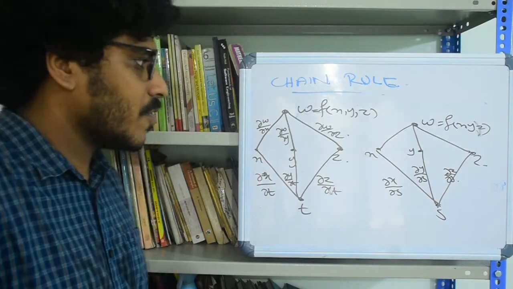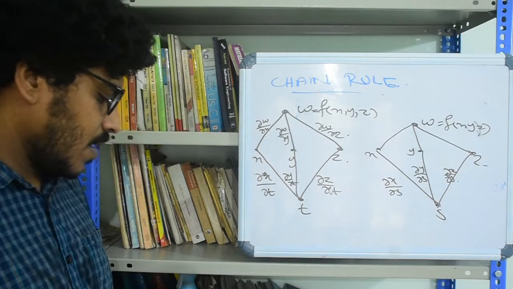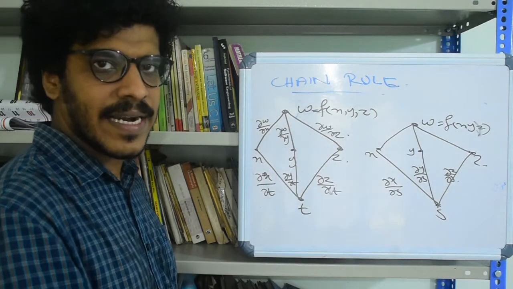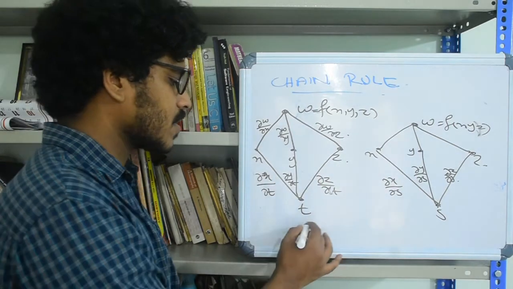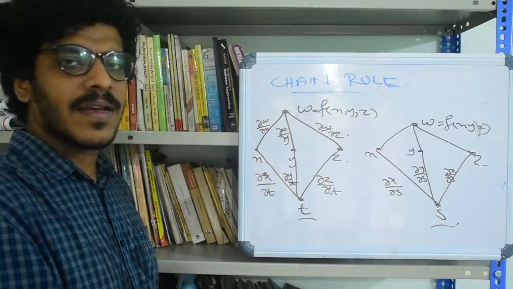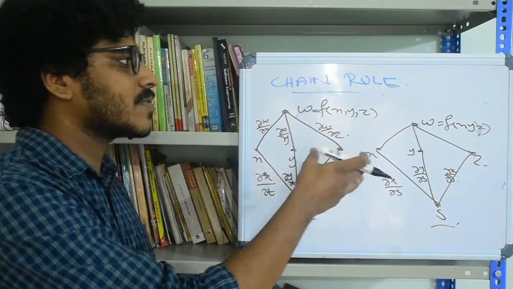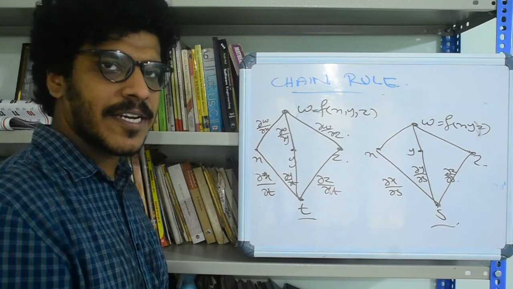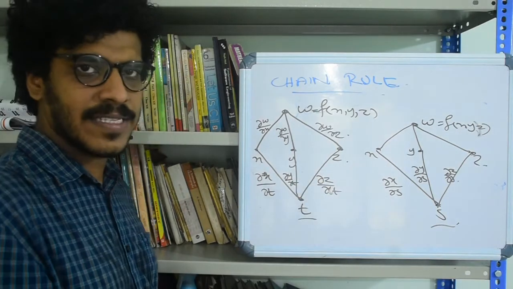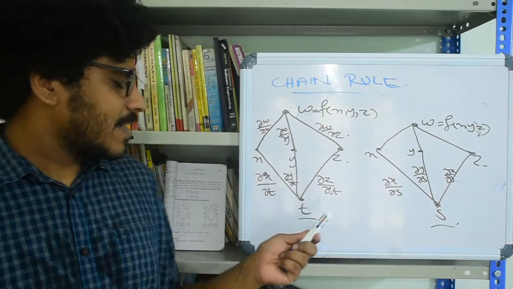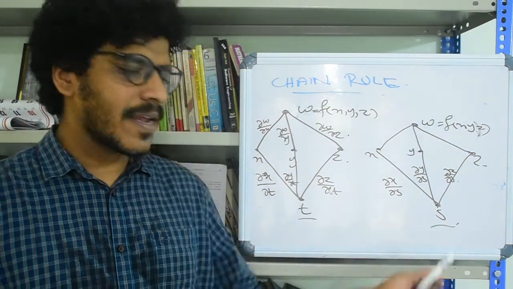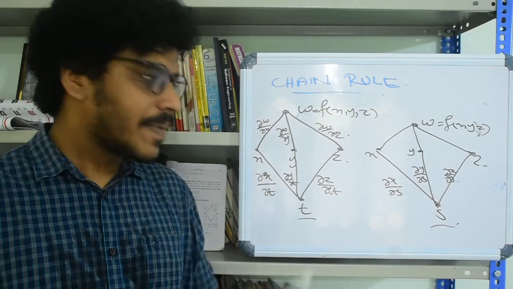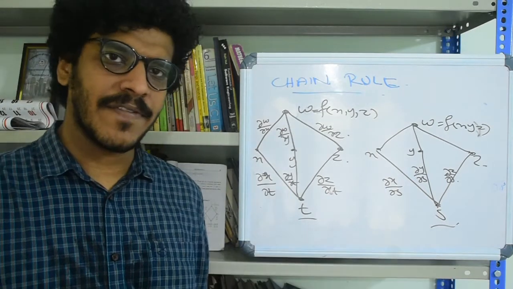So we actually use two separate tree diagrams for the two independent variables. These two together constitute the tree diagram for the chain rule with two independent variables. So we have seen the case where we have two independent variables and three intermediate variables between w and the independent variables.